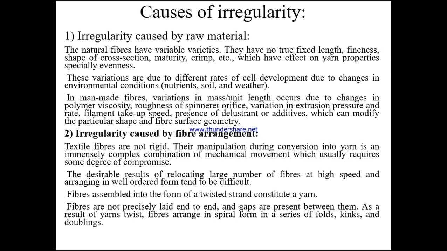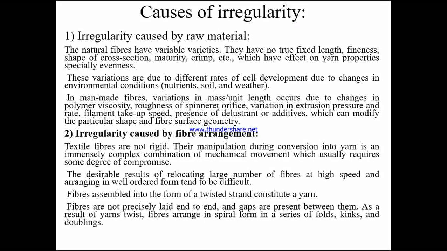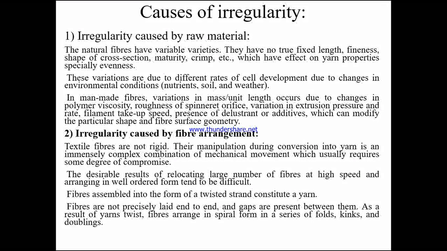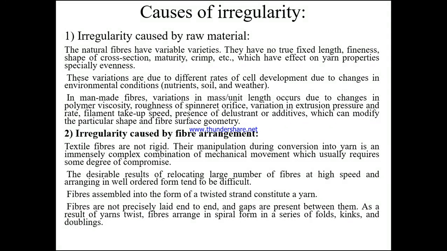If the extrusion pressure in the filament production will vary, then the rate of extrusion will change, then thick and thin filaments will be produced as per the changing pressure. Filament take up speed. If take up speed will vary, when the take up speed will be faster, filament will be finer. If the take up speed will be slower, then filament will be coarser.